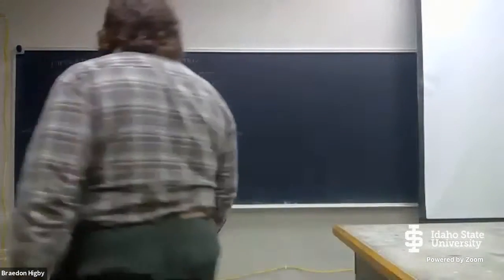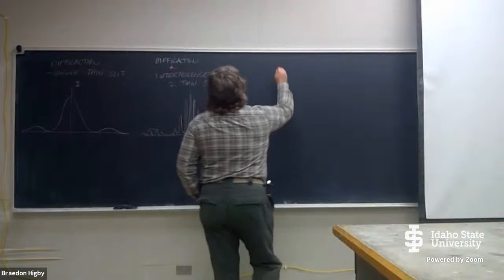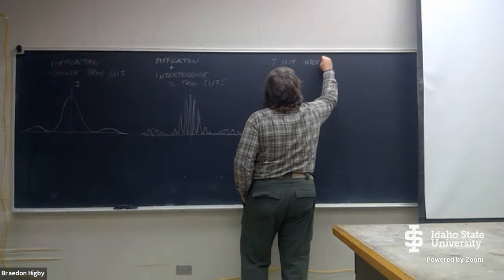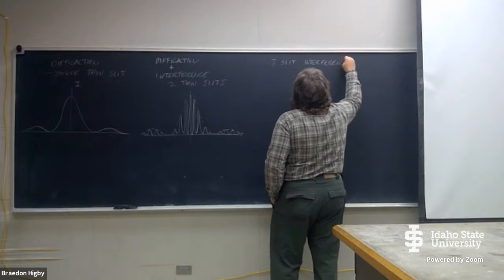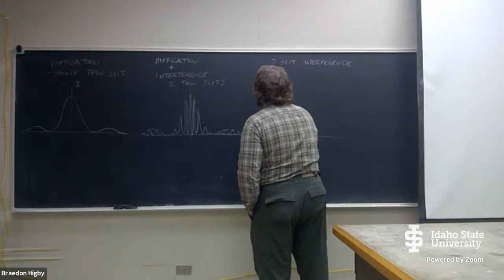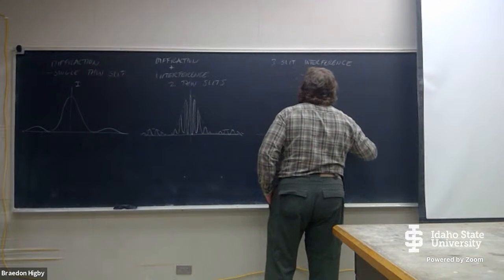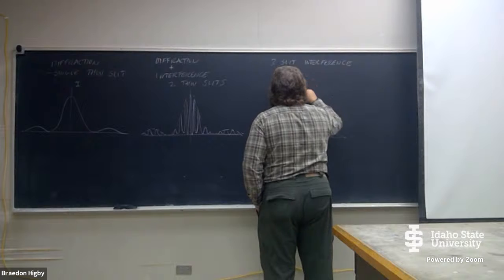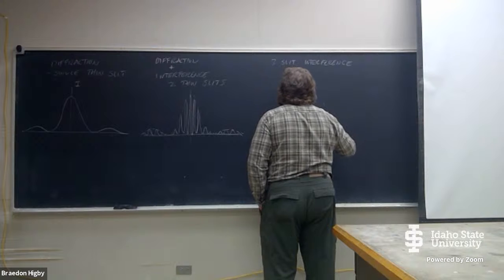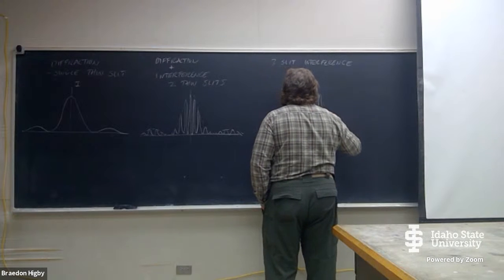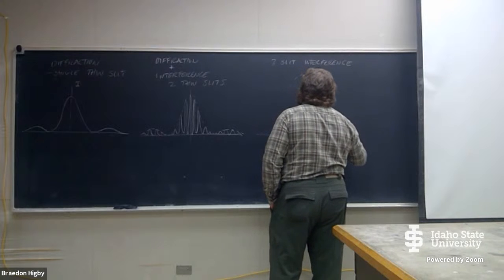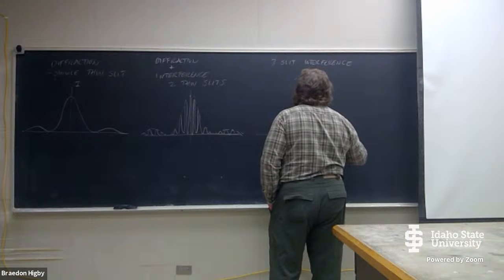And if we have three slits, we'll have a bright spot, one that's not so bright, and then a bright spot, and then one not so bright.